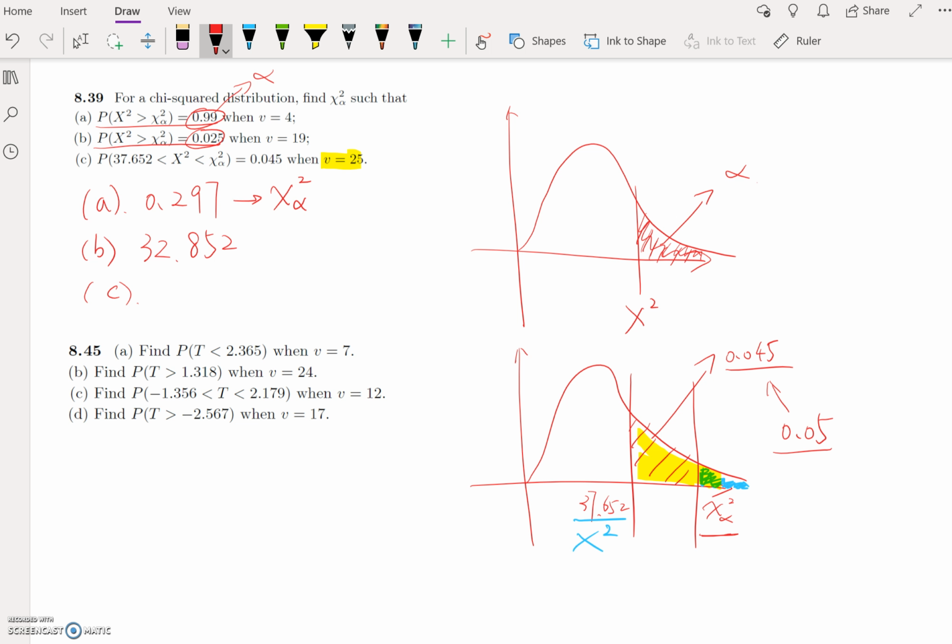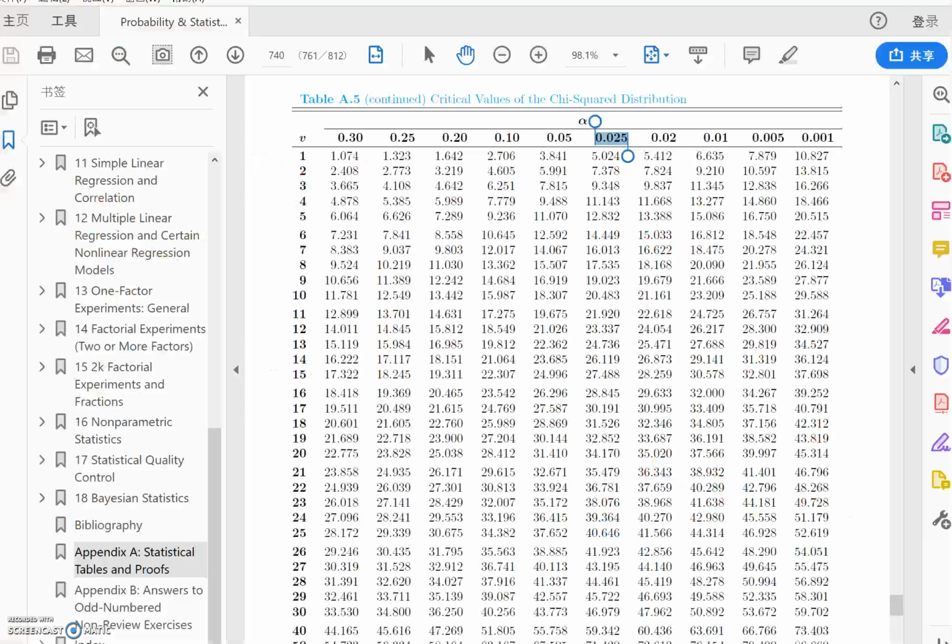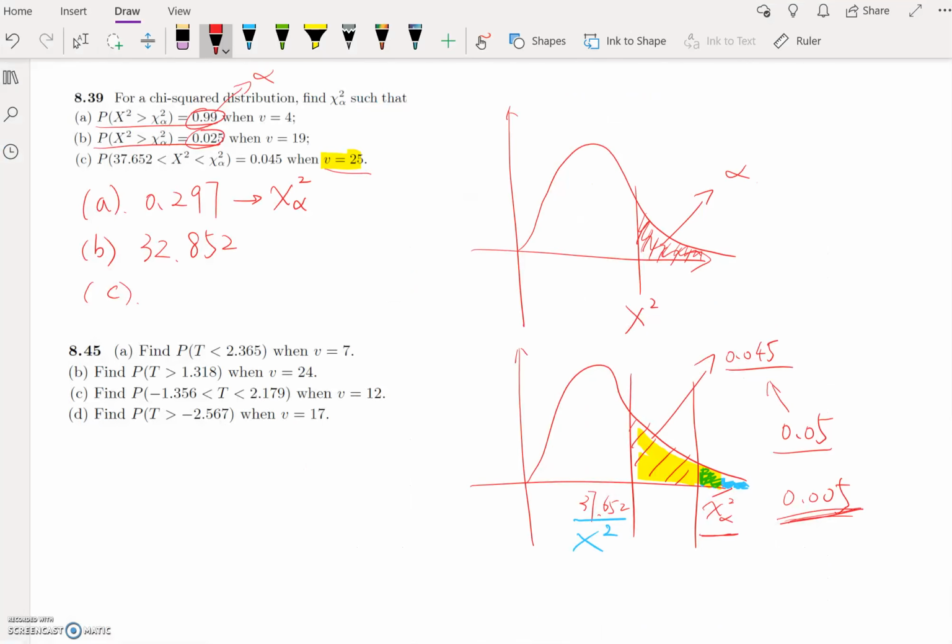So the blue part is 0.005, right? After that, it's just the same problem as A and B. We have the V value, we have the alpha value 0.005. Let's find the x squared. So it's 0.005 here, and V is 25. So here we have the value 46.928, right?